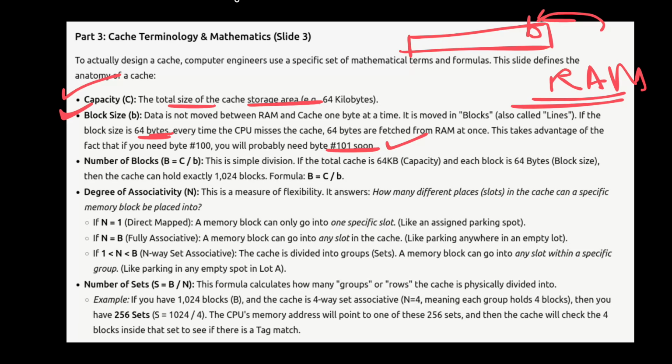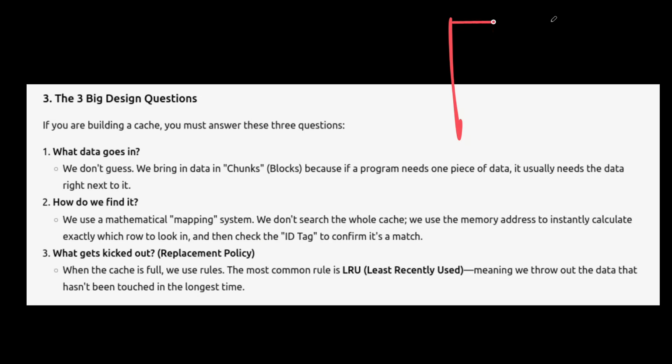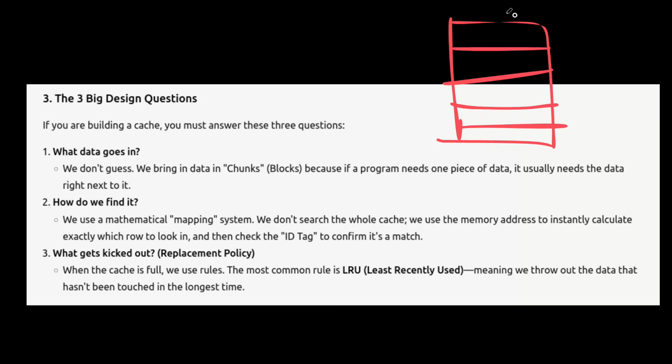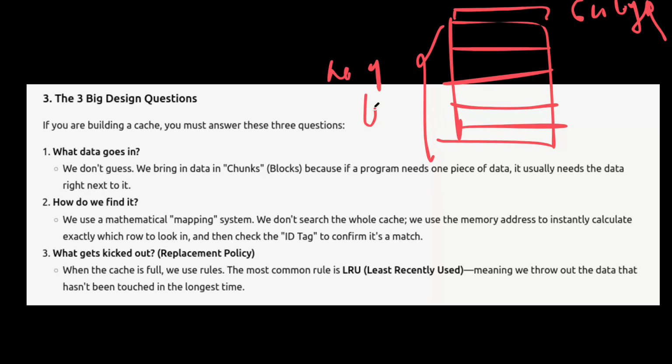Now the cache has some number of blocks. How do we calculate this? Let's say this is a cache, and in the cache there are blocks like this. Let us say each is a 64 byte block, and there would be some number of blocks.